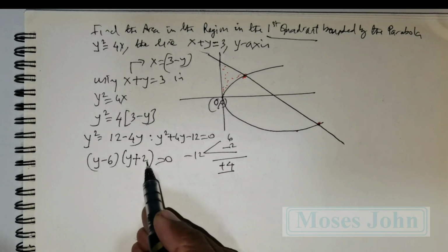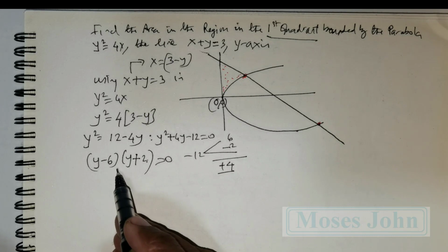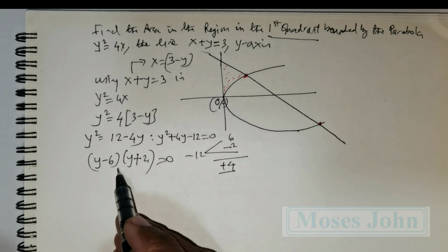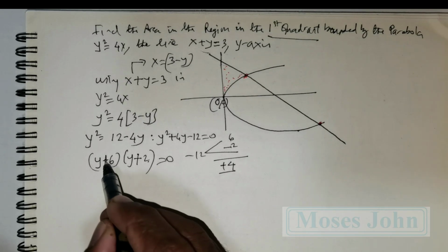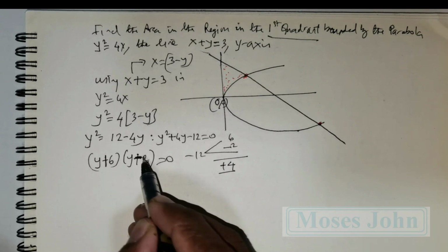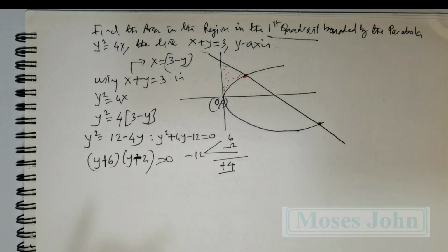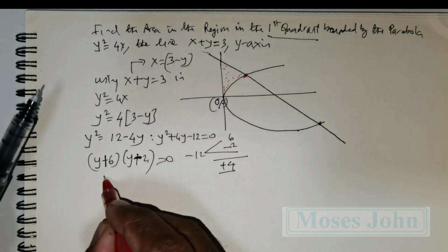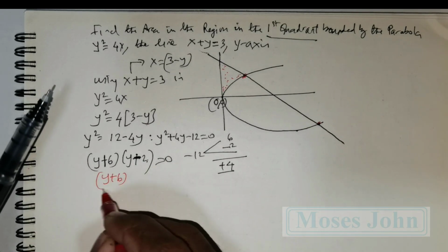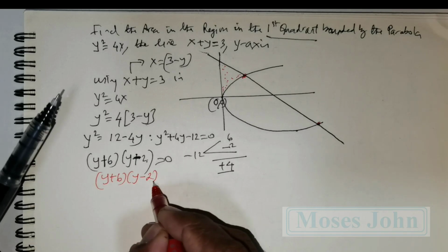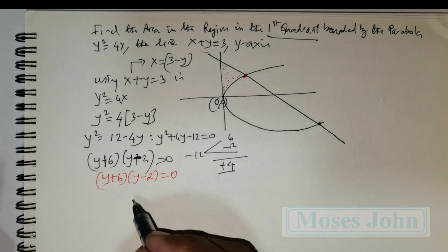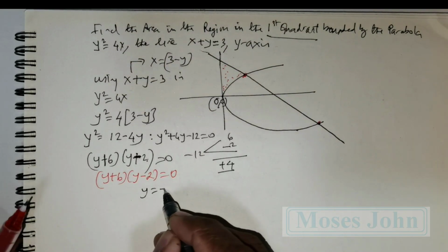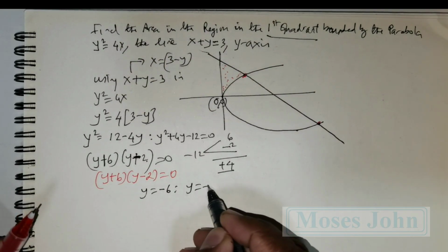So negative 6 times 2 is negative 12, and you've got, so this is actually y plus 6 and y minus 2. So the factors would be y plus 6 and y minus 2 is equal to 0. Now clearly from here you get y is equal to negative 6 and y is equal to positive 2.